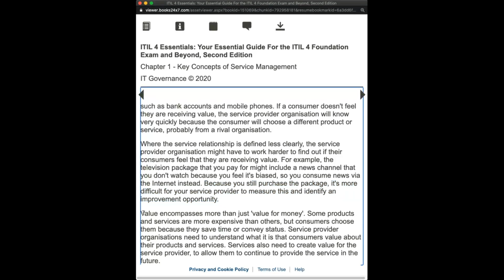Okay, last paragraph here. Value encompasses more than just value for money, right? Some products and services are more expensive than others, for example luxury products. But consumers choose them because they save time or convey status.